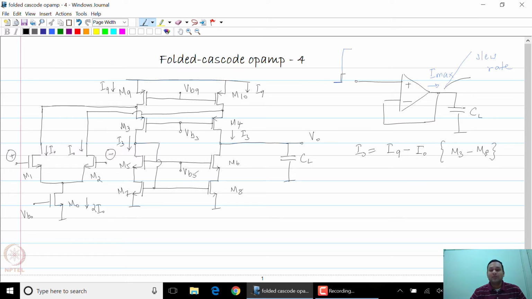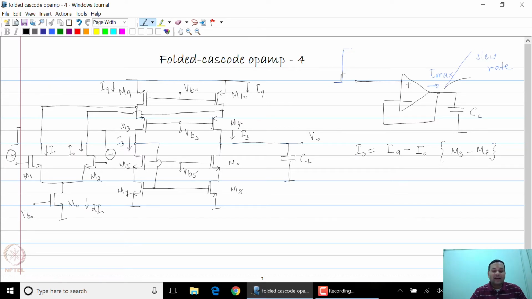Now let us assume that for this particular op-amp, we apply a very large input step. In other words, the input differential voltage has a very large step, delta VD, at the input.